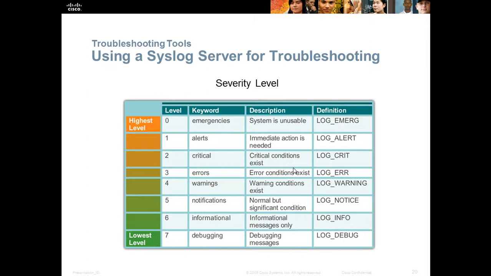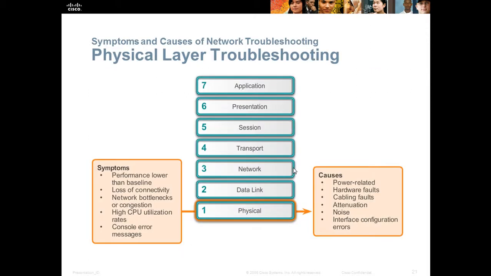Level 1, alerts, immediate action is needed. Level 2 is critical, critical conditions exist. Level 3, errors, error conditions exist. Level 4, warnings, warning conditions exist. Level 5, notifications, normal but significant condition. Level 6 is informational, informational message only. And level 7 is debugging, which are debugging messages.